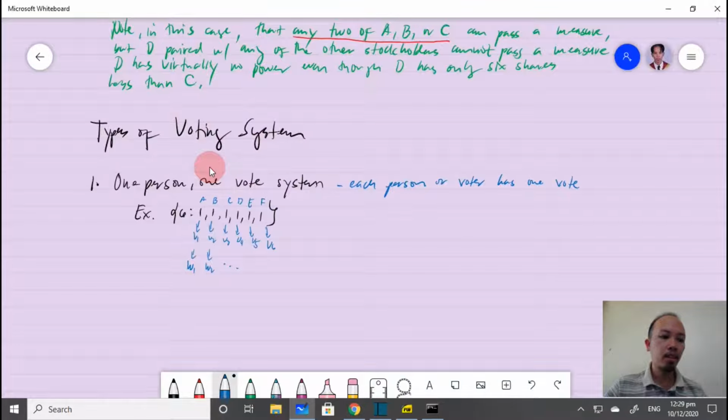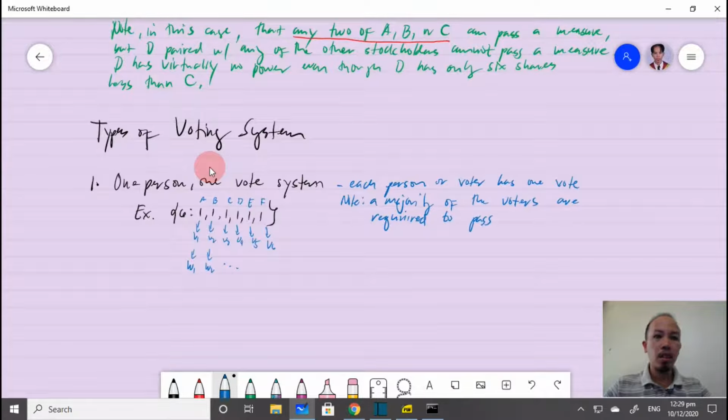In this voting system also, note that a majority of the voters are required to pass a measure.